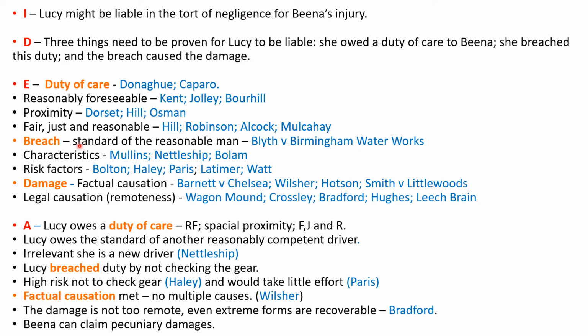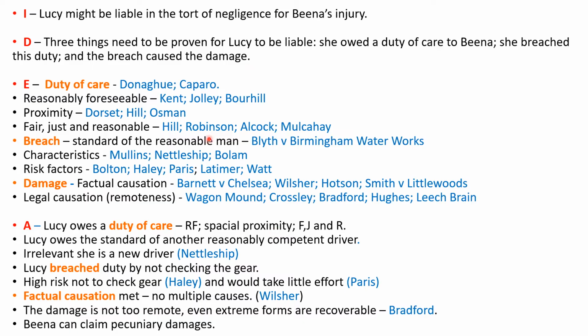So in terms of application then, we're going to start by considering whether Lucy owes a duty of care. And again, this E, your explanation, acts as a checklist really for all the steps you need to apply. So first of all, I would say that Lucy owes a duty of care because it is reasonably foreseeable. So we can say that Lucy is spatially proximate to Bina because Bina is in the same car as her.